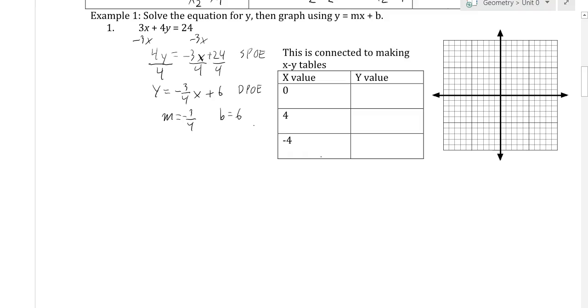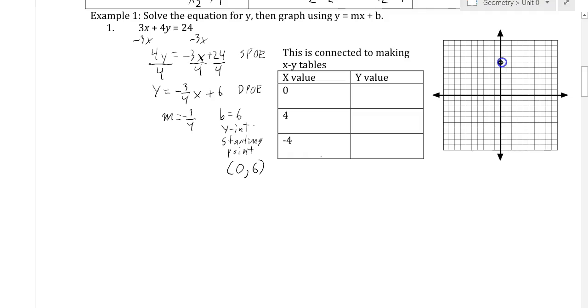So when we go to graph using y equals mx plus b, the b is the y-intercept, which gives us a starting point. It's the y-intercept, so the x is 0 because we're on the y-axis, and the y is 6.